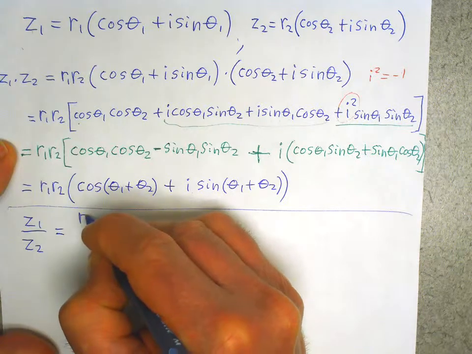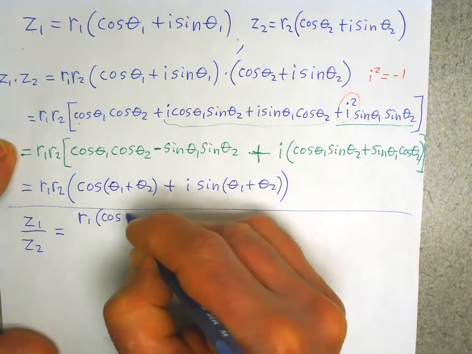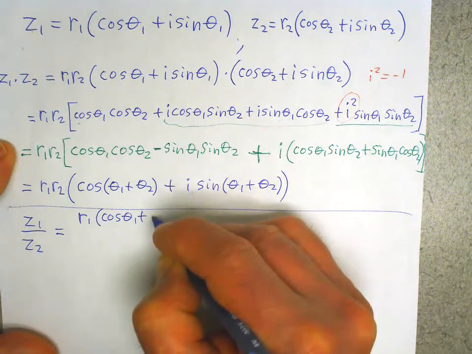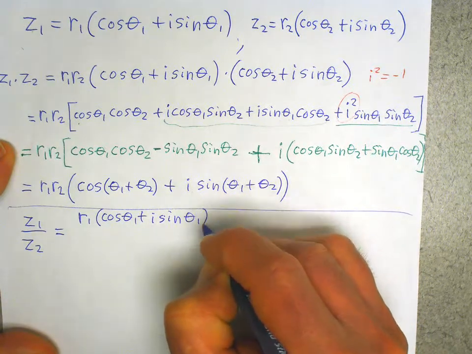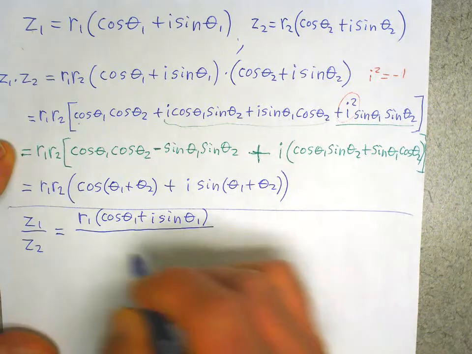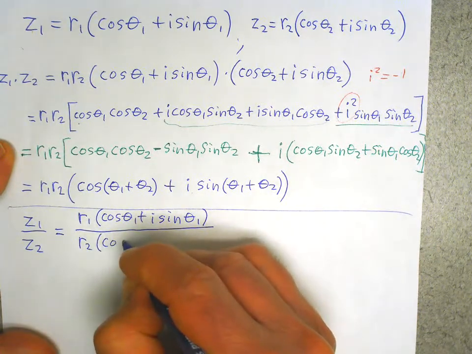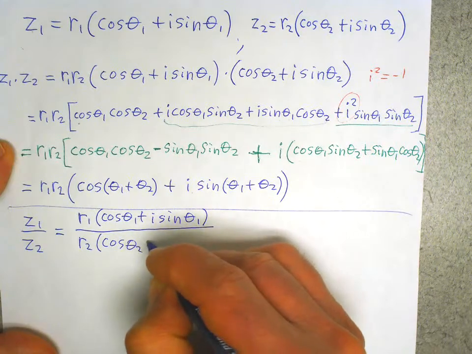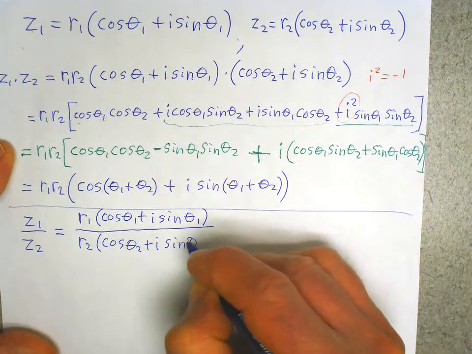So z1 in the numerator is r1 times cosine theta 1 plus i times sine theta 1, divided by r2 times cosine theta 2 plus i times sine of theta 2.